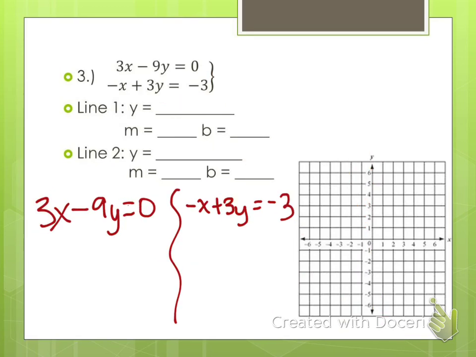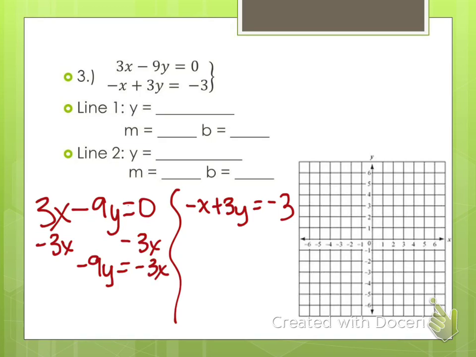All right, first thing we got to do, number 3, we got to get our y's alone. So for line number 1, Ellie, what's the first thing you did? I subtracted 3x on both sides. Good. Subtract 3x on both sides. That leaves us with negative 9y equals negative 3x.